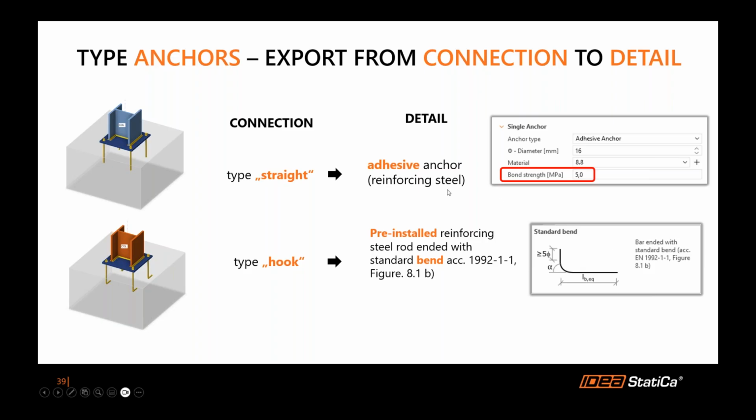The straight anchor is exported into Detail as an adhesive anchor with a default bond strength of 5 megapascals. This is a design value, be aware of that. The hooked anchors are exported as pre-installed reinforcement rods with a standard bond according to the code.